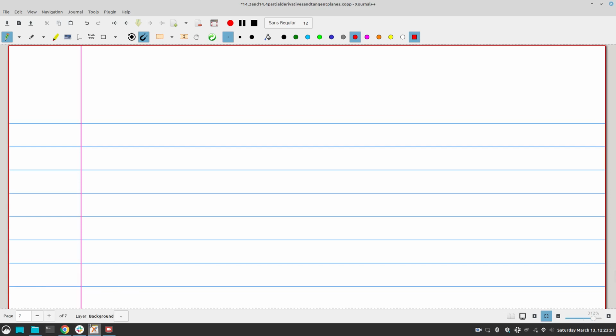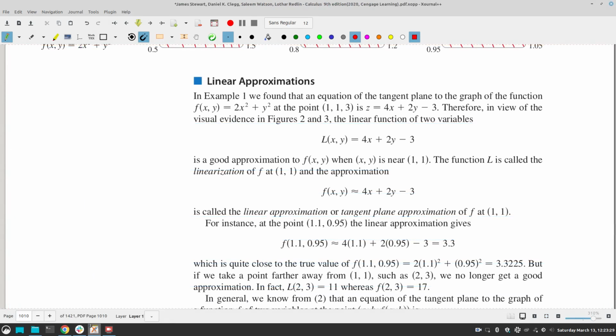Let's go back to the elliptic paraboloid example, and we found that the tangent equation at (1, 1, 3) is given by z equals 4x plus 2y minus 3. So let's use that as our linear approximation, right? 4x plus 2y minus 3, which is also called the linearization of f at (1, 1).